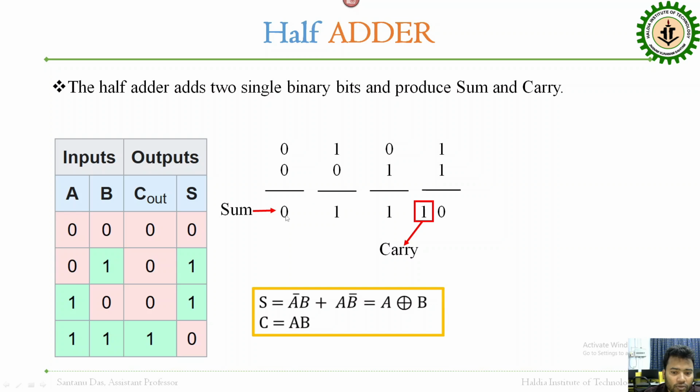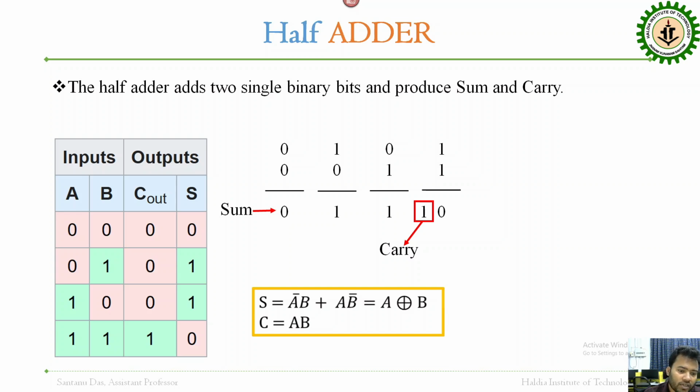Now we are going to create the truth table. Here we have two inputs A and B, and outputs C for carry and S for sum. Now if we have two inputs or 2 bits, then the possible cases are 2 to the power 2, which is 4.